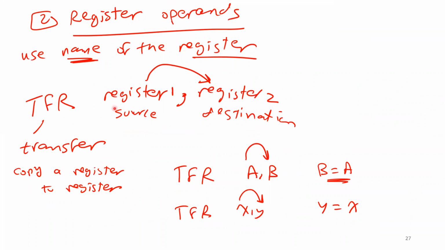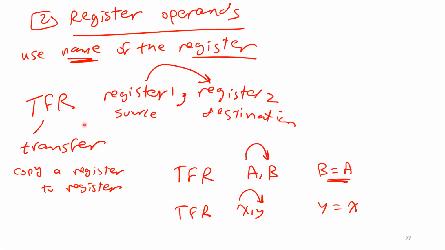Here I give you one example. In this example, we have an instruction called transfer, TFR. This instruction can copy a register to another register. You have to write TFR, and then the source register, and then the destination register.